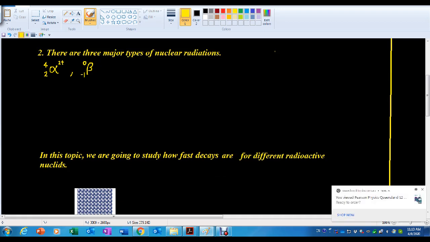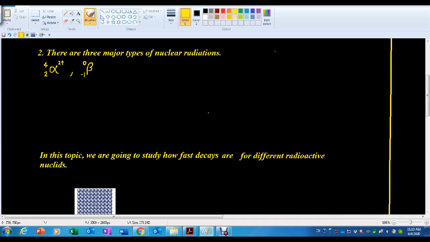That's beta minus. And also we have beta plus. This pair, we collectively call beta particles.